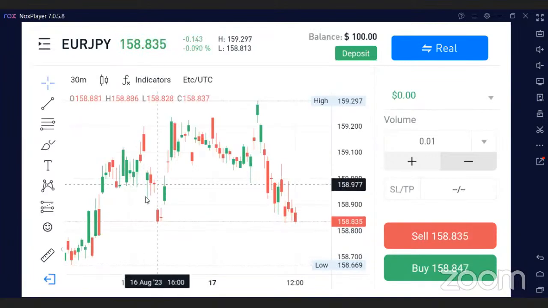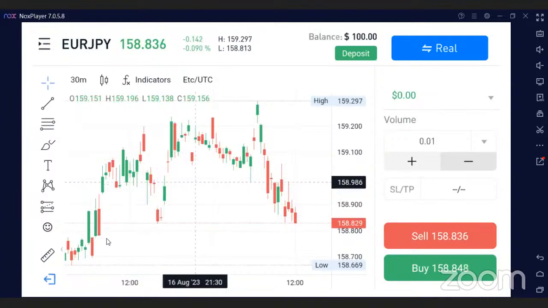I hope you guys remember why I placed the order around this area, because I said the market will get to this point before it starts to go back up. I don't want to place a trade around here. Why?